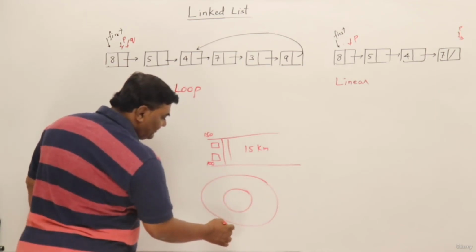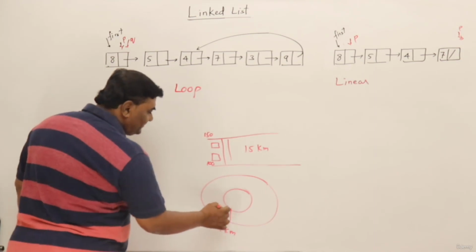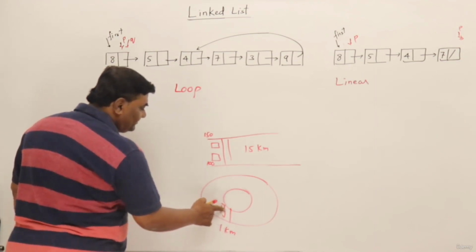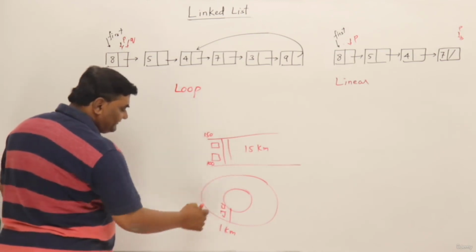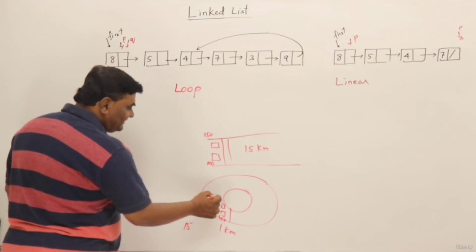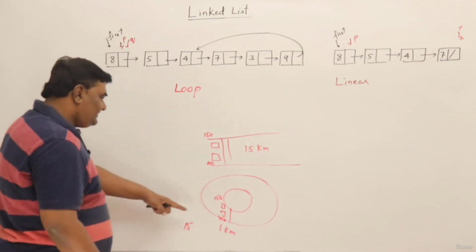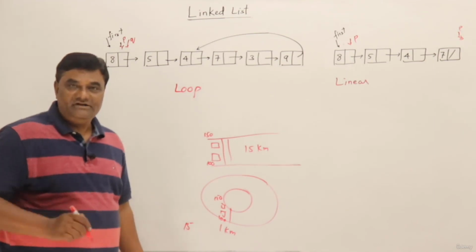Suppose this track is of 1 kilometer and these two cars, they have to take laps of this track 15 times. They have to move around this one for 15 times. So if this car is 100 km per hour and this car is 150 km per hour, as they are going to make 15 rounds of this one, then definitely they will meet at one point.